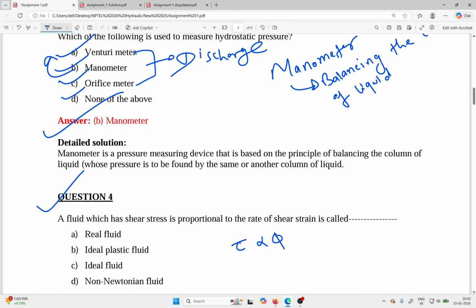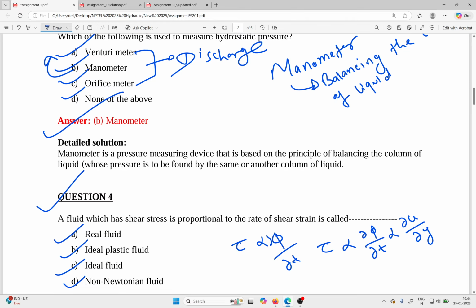I'll write it with phi. Remember, shear stress is directly proportional to d phi by dt, or du by dy.